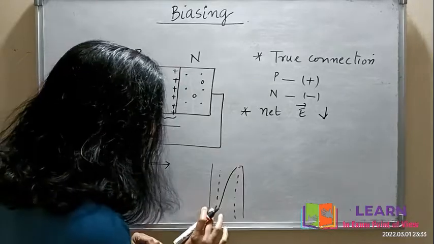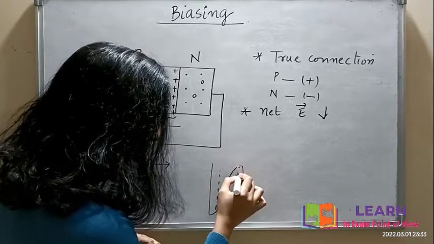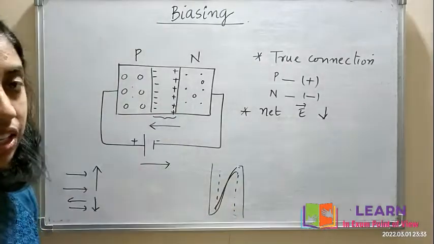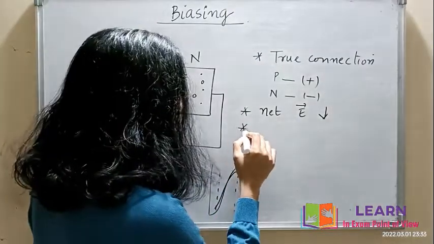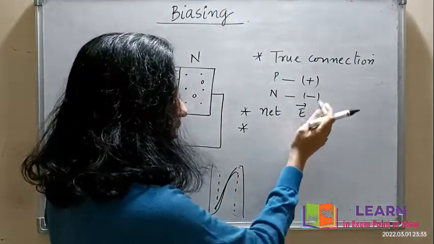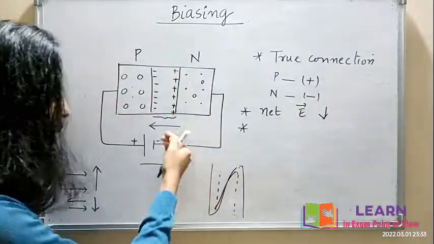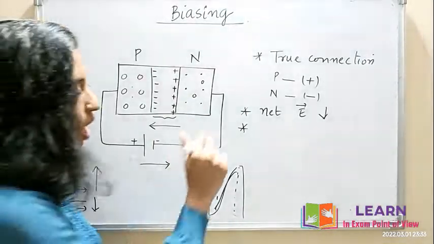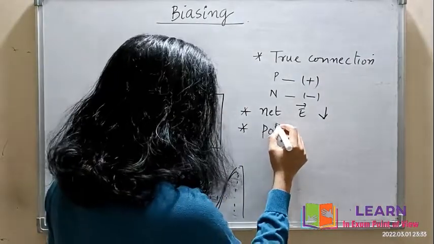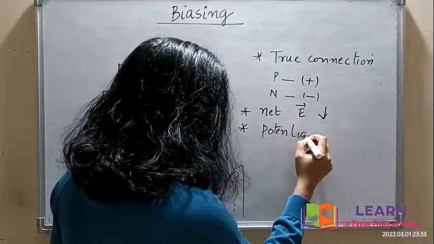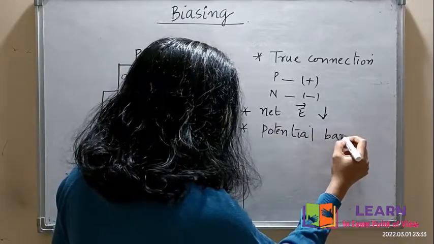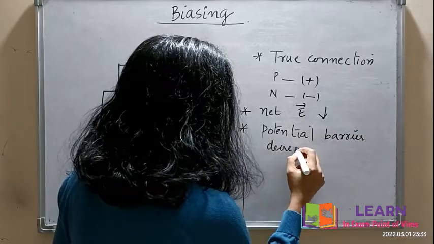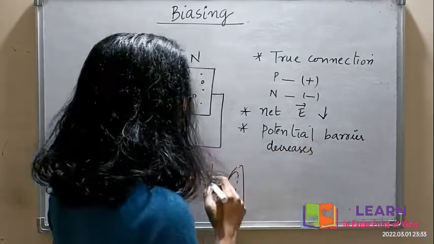Its width reduces, so as a result, the height of this potential barrier also reduces, right? So when the net electric field reduces due to the opposite direction of external and internal electric field, the height of the potential barrier decreases.